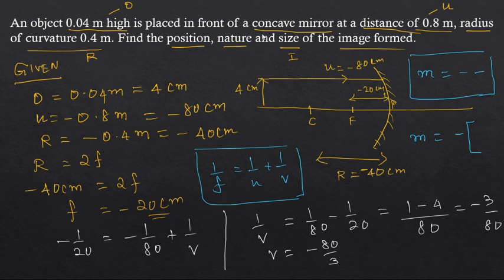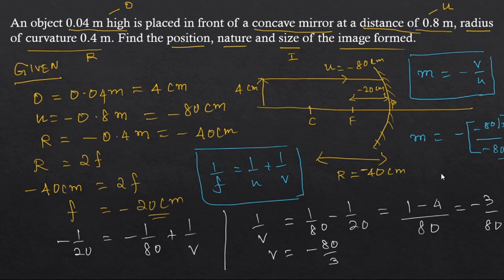So v by u. So v is minus 80 by 3 divided by u, that is minus 80.